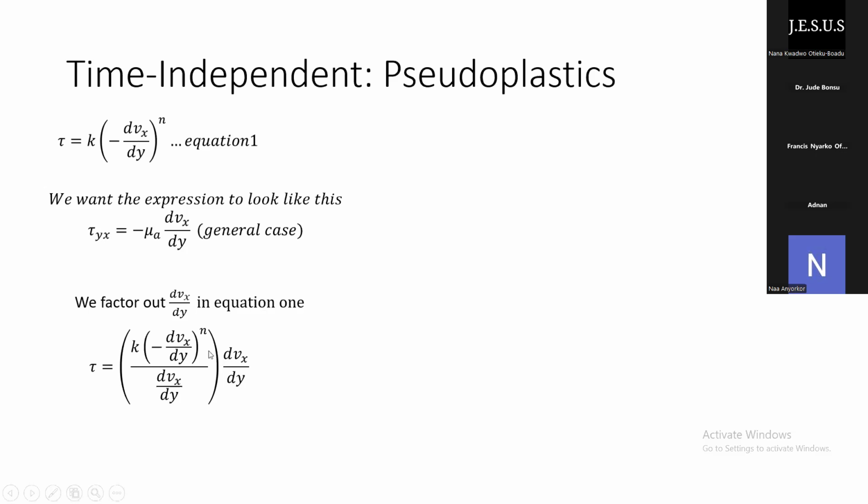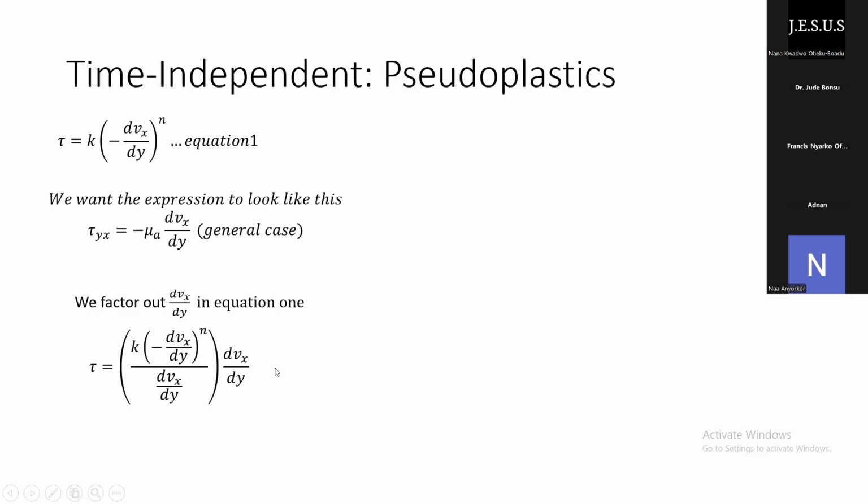When you factorize out, you are factorizing the dVx/dy, so it becomes a denominator here.